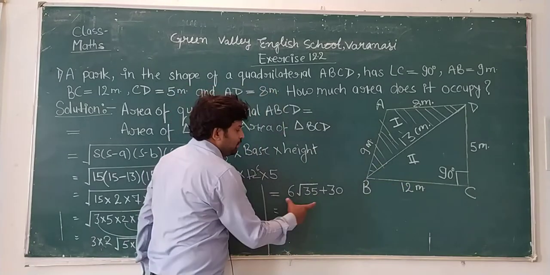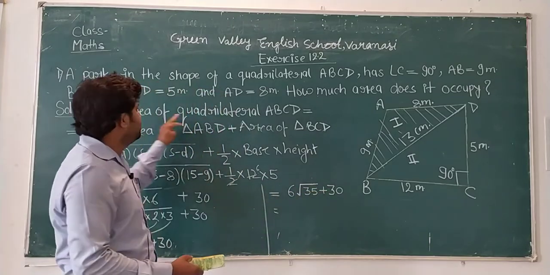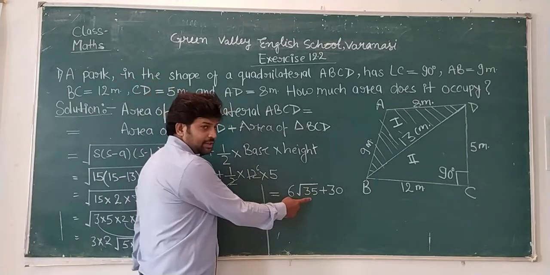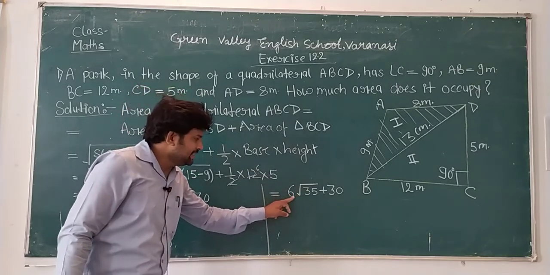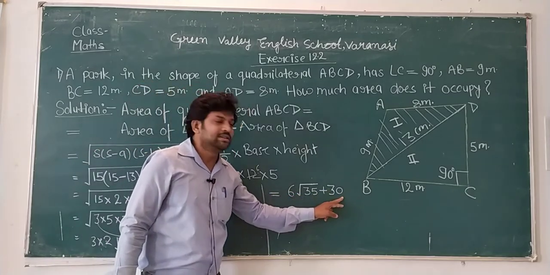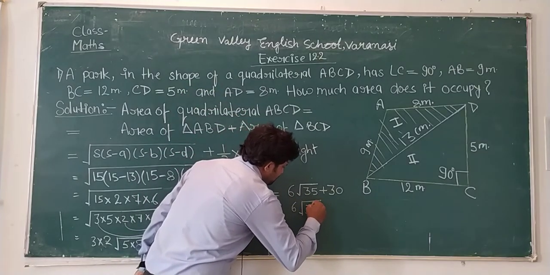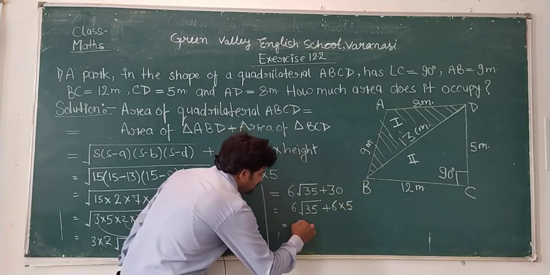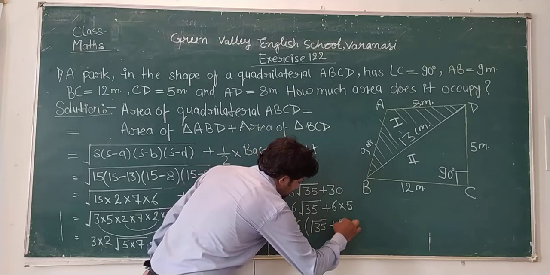6 under root 35 is the area of the first triangle and 30 is the area of the second triangle. The sum of both areas of triangles is the area of quadrilateral ABCD. Therefore we write 6 under root 35 plus 30. Here we see that 6 is the common factor of 6 root 35 and 30. Here we will write 6 root 35 plus 6 multiplied by 5. Then 6 is common: 6 times root 35 plus 5.